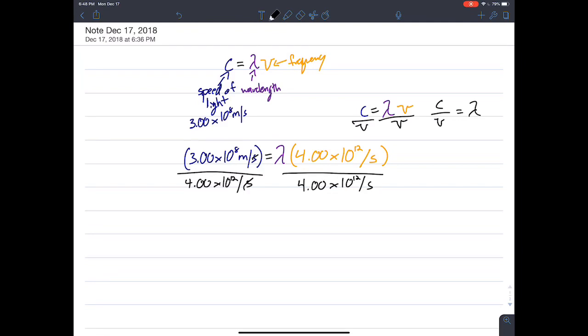I don't have a calculator on me, so let me see. You should just plug this into a calculator, right? During the test, if you need to, you're going to just plug this into a calculator in parentheses. So it's important to know how to plug it into a calculator, but let's see.